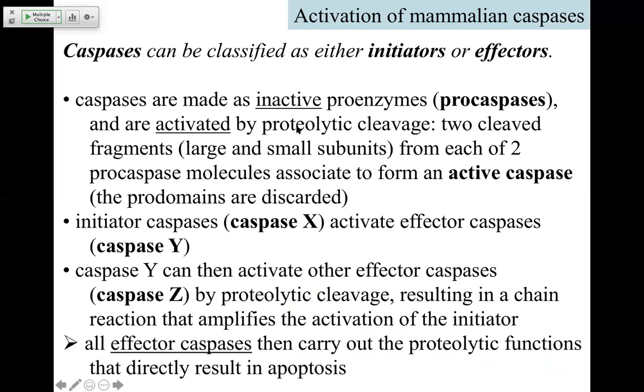Because all cells produce caspases, but all of your cells that are alive right now and functioning are producing an inactive proenzyme, an inactive form of a caspase that we call a procaspase. A procaspase has to be activated to function as a caspase. It has to be cleaved, right? It's activated by proteolytic cleavage.